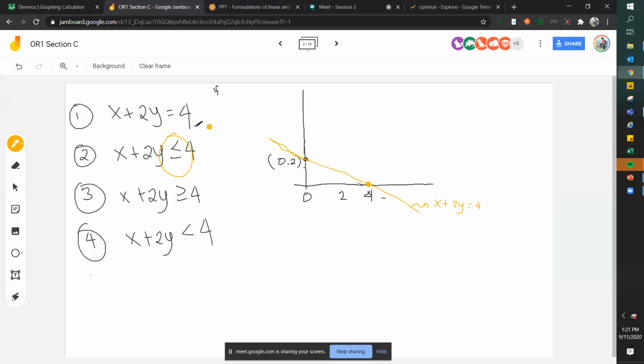Yung inequality na yun? Anyone? Sorry, sir? Sign, inequality lang siya. Less than or equal.